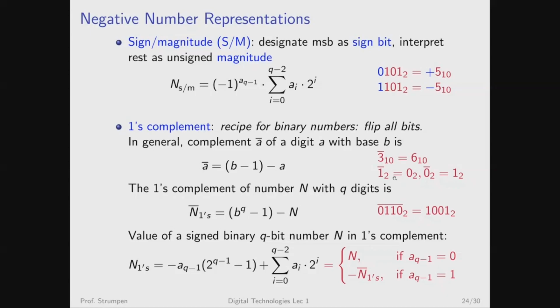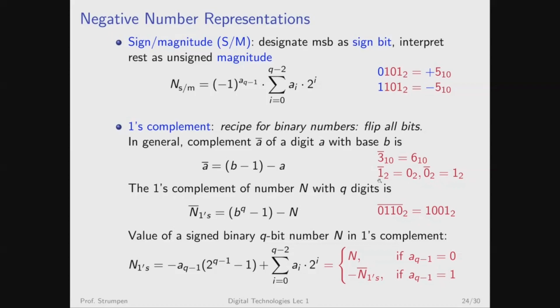We move on to the binary numbers, where the base is 2, right? The complement of A equals 1 is 2 minus 1 is 1, minus 1 is 0. And the complement of the other binary digit, bit 0, is 2 minus 1 is 1, minus 0 is 1.